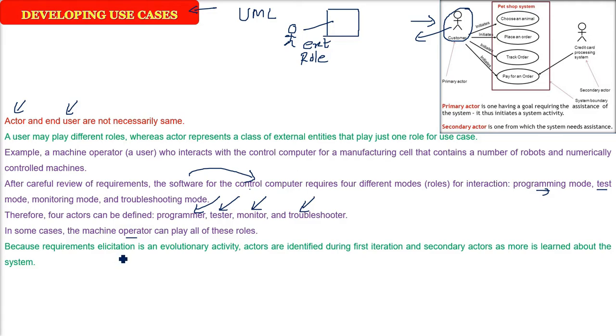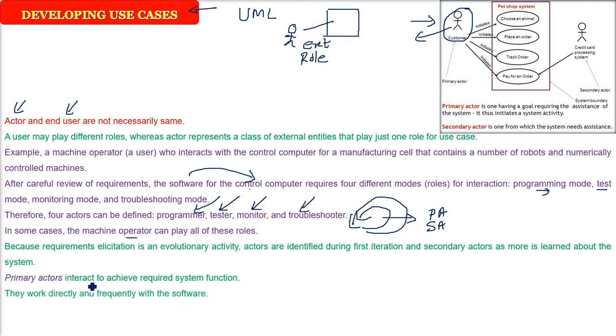But one needs to understand that when we know the requirement, when we try to elicit the requirement, this is an evolutionary activity. So you might get some actors in the first iteration. In the second iteration, you will get a secondary actor. Now, the actors are primary and secondary. So the second question is, what is the difference between a primary actor and a secondary actor? How will you define it?